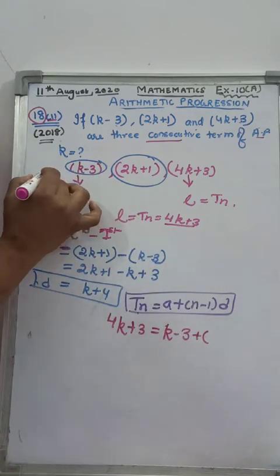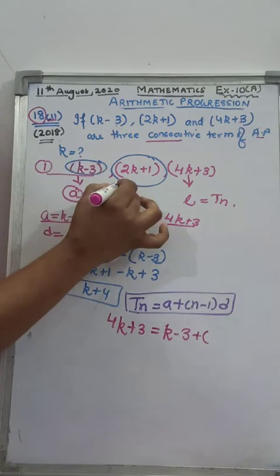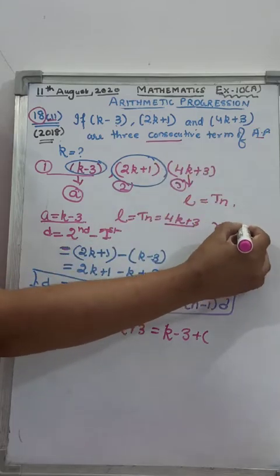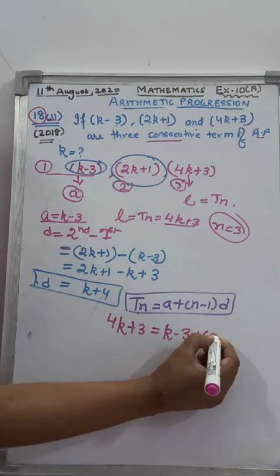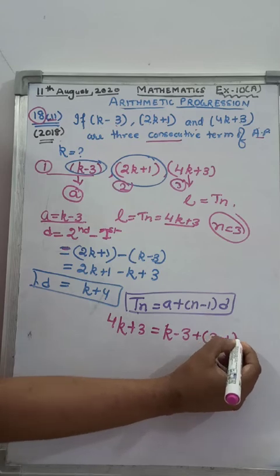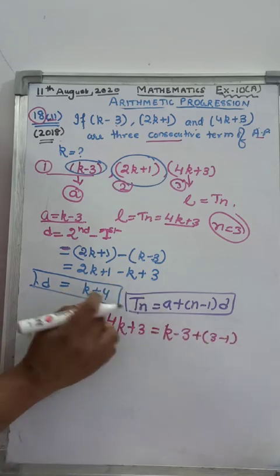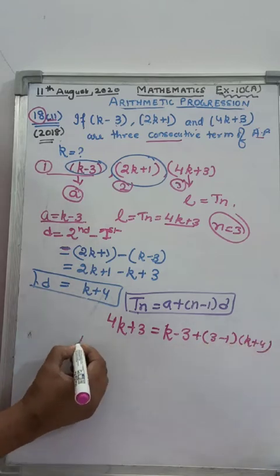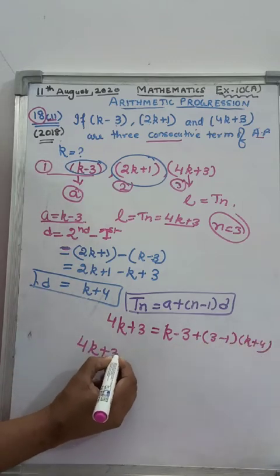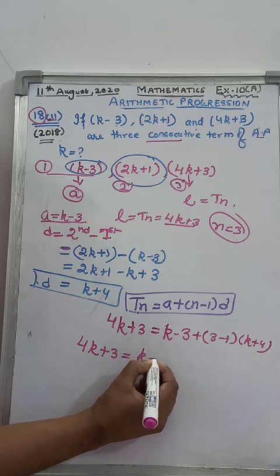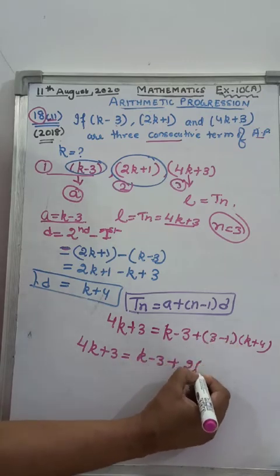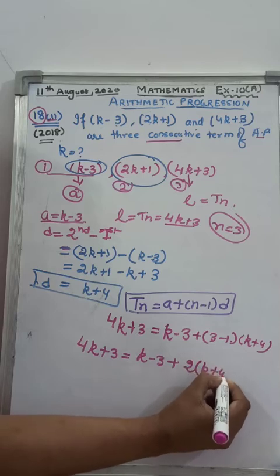Let's see how to find: 1, 2, 3. So what is n? n is equal to 3. So we'll write down 3 minus 1. What is d? D we have just taken out, that is k plus 4. So this is 4k plus 3 equals k minus 3 plus 3 minus 1, which is 2, multiplied by k plus 4.